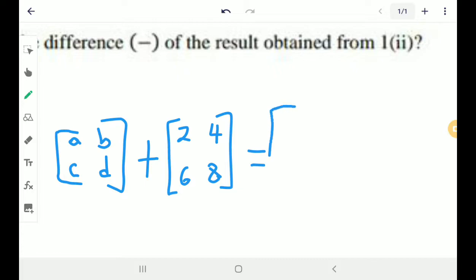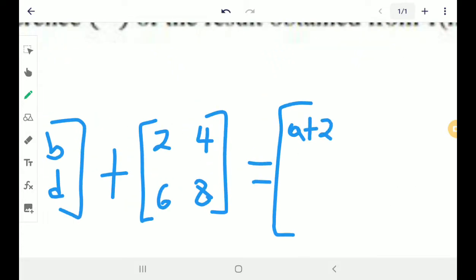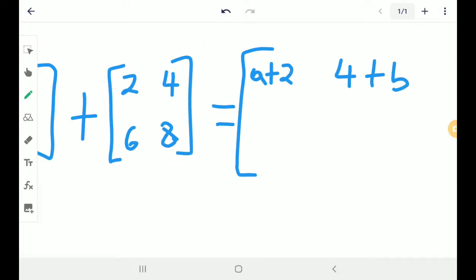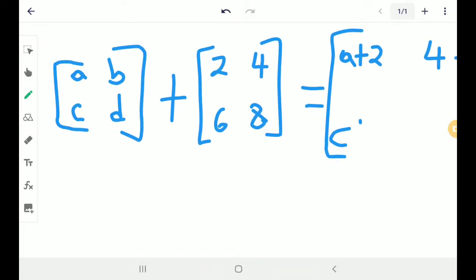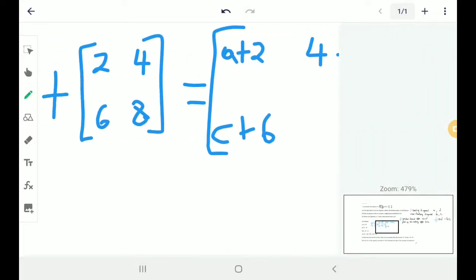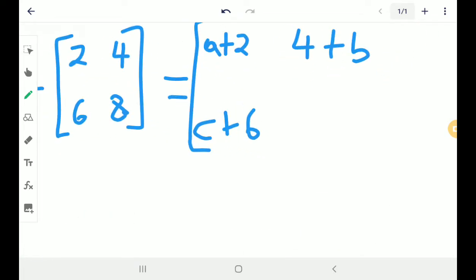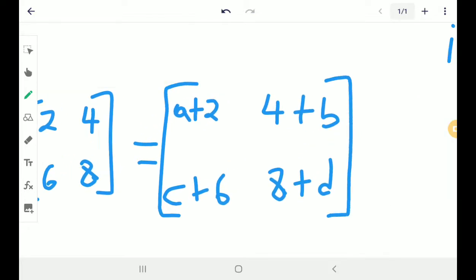Simply A plus 2, 4 plus B. Here we have C plus 6 and 8 plus D. Whichever way you have it, remember addition is commutative, which means it doesn't matter the order.